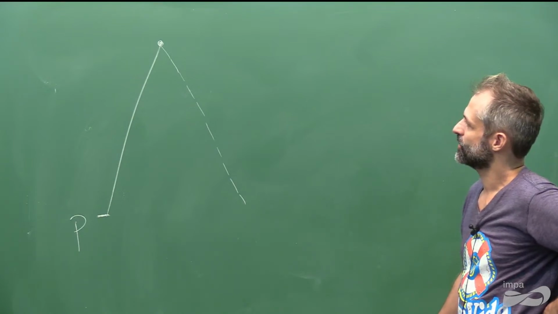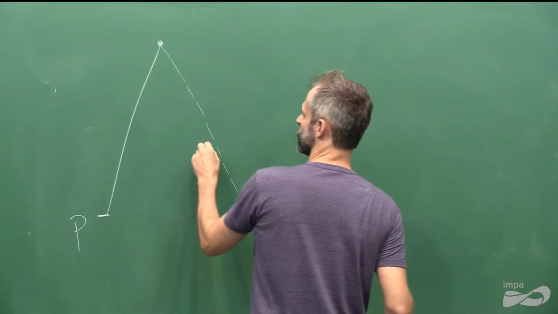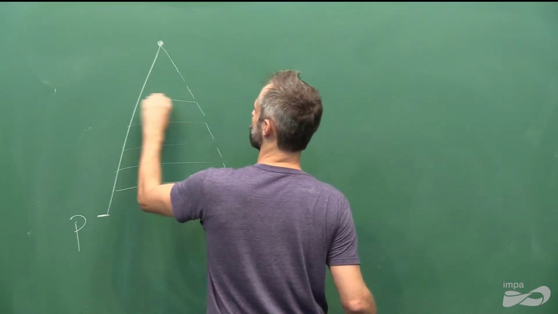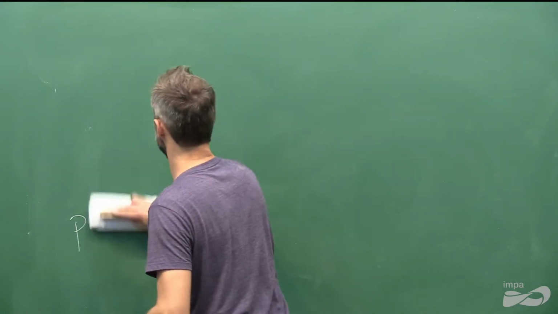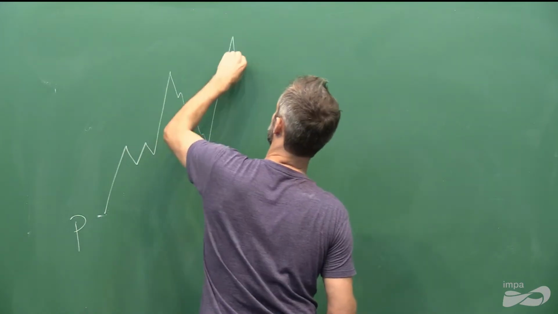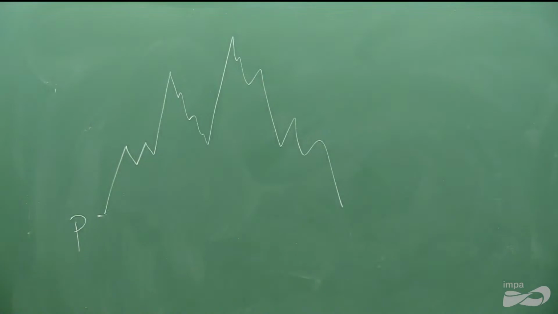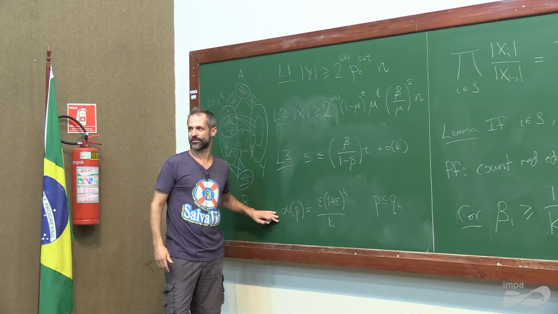What I want to say is that you're going to match up the places where you went up with the places where you went down. So really we're going to do something crazy, right? We're going to go up, down, up, down, up, down, up. And we want to say that the amount you go up corresponds to the amount you come down. And we want to do this in this kind of logarithmic scale world.